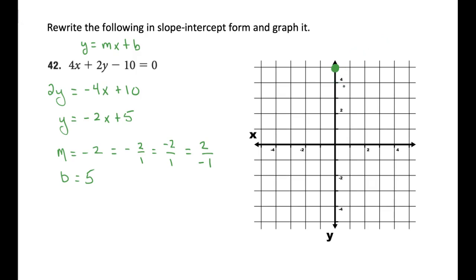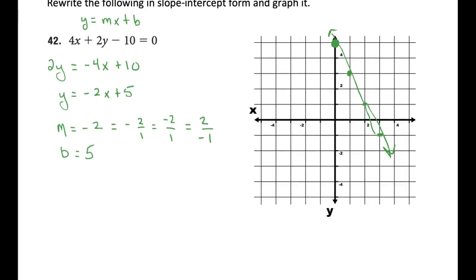So I'm going to count down 2 and to the right 1. And again, down 2 and to the right 1. I can do that a few times if I want to, and then you can draw a line through those points to make your line. Not pretty. Digital pen, hard to use. So that's what it looks like in general.